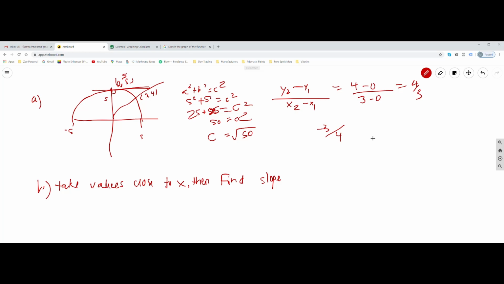So the slope is calculated as m equals y2 minus y1 over x2 minus x1. So slope is equal to 4 minus 0, the center points, over 3 minus 0. So the slope of that point was 4 over 3.